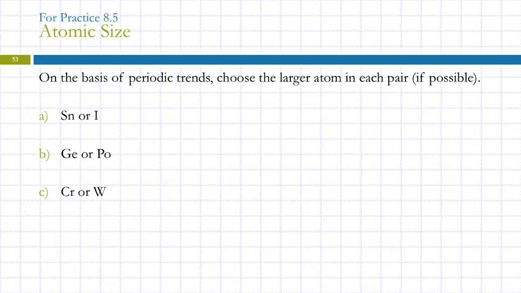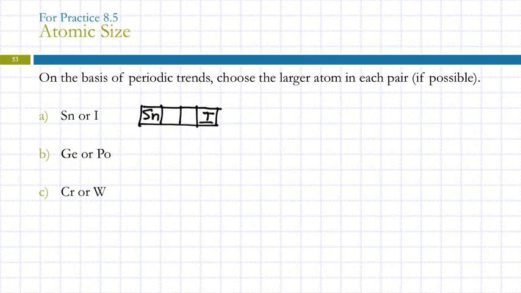So we should be able to answer questions like this. On the basis of periodic trends, choose the larger atom in each pair if possible. So if we look at tin and iodine, what we want to do is find these in the periodic table. And so I'm going to draw a piece of the periodic table. So there's tin and here's iodine.